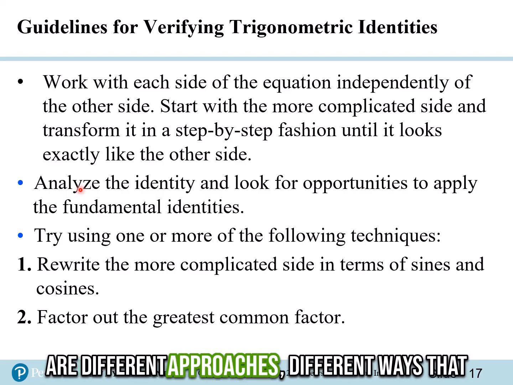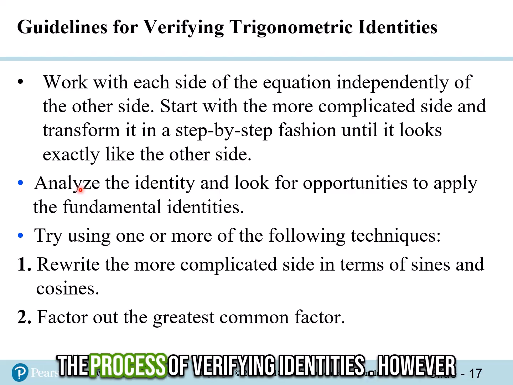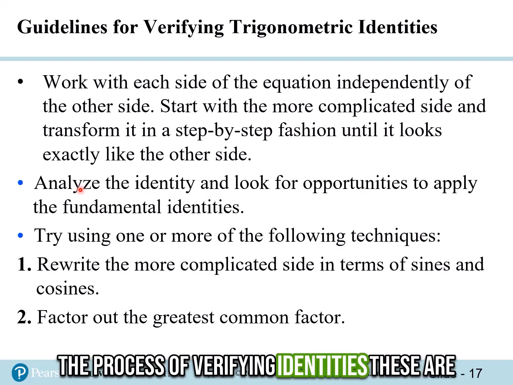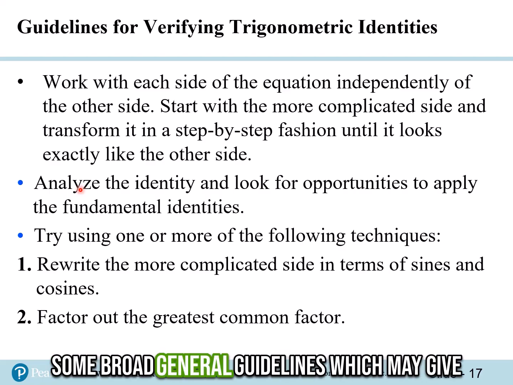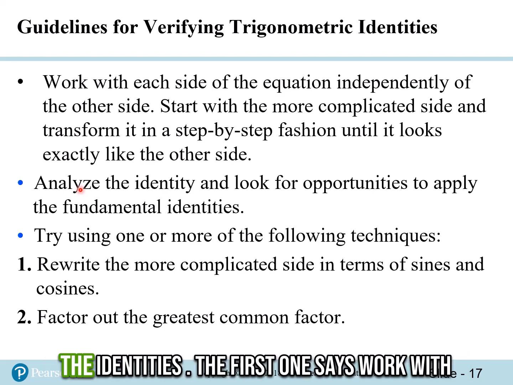There are different ways that one can go about the process of verifying identities. However, for us as starters, these are some broad general guidelines which may give you some direction in going about how to verify the identities.